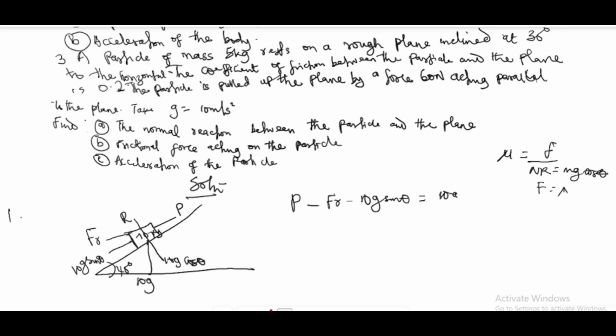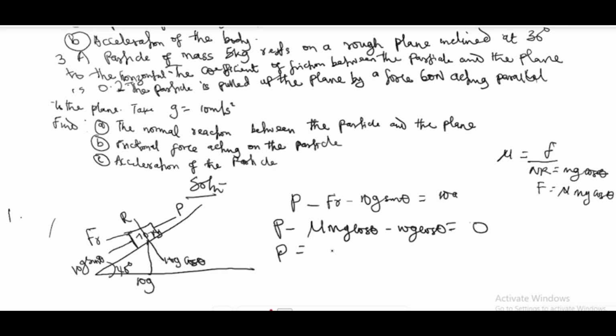Good. So coming back to our equation here, we have P minus mu mg cos theta minus 10g sine theta. Remember that acceleration is 0. So 10 times 0 will give us 0. So we equate to 0. So substituting our values, for P, I can actually take all these to the other side and then I'll add.